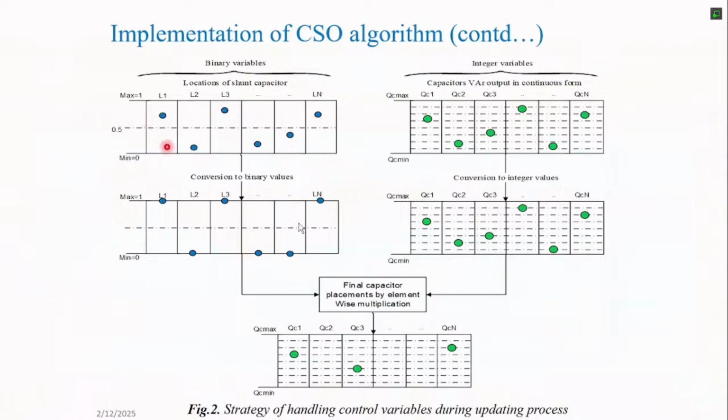If it is above 0.5, we set it as 1, and correspondingly we calculate whatever the value of the capacitor bank. The dotted vertical line is the actual size available in the market, and we define it based on that. If it is there, then it's okay. If it is not there, we have to update to the next range. Now here, if you see, location number 1 is set as 1.